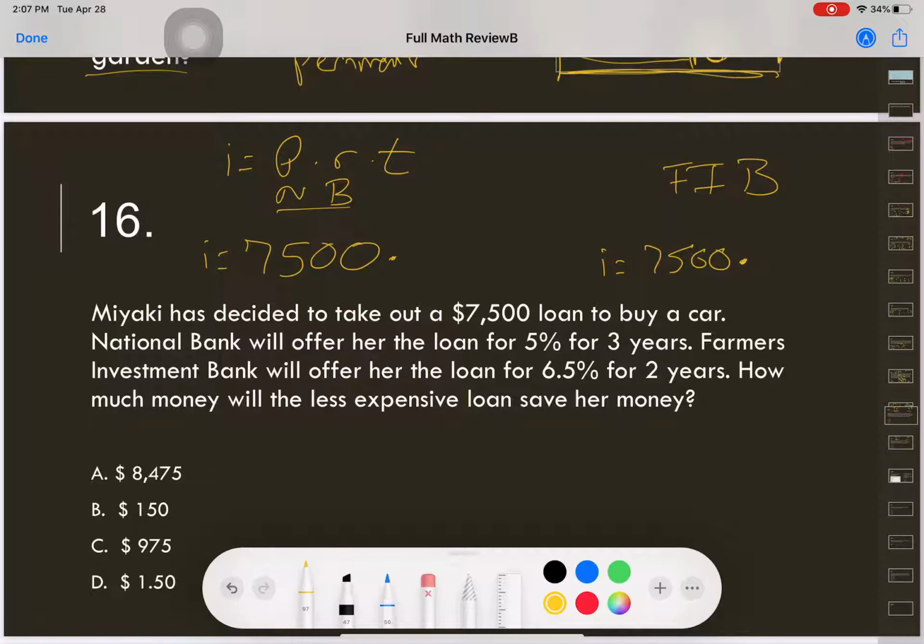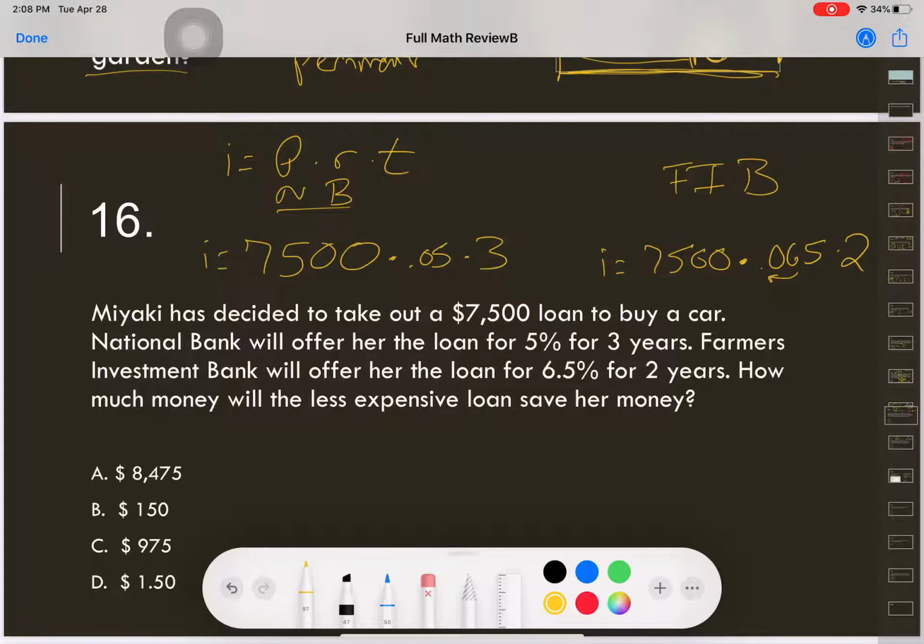The rate at National is 5% times 3 years. The rate at Farmers is 6.5%, but remember, you got to move it 2 places over. That's why it's way over here. For 2 years. So with that, we're going to solve out both of these, see which one is cheaper, and find out how much cheaper it truly is.